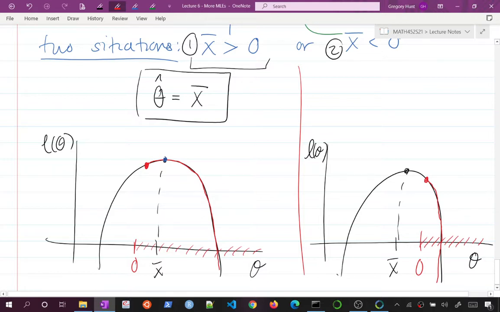So indeed, the maximum over this red portion, since the red portion no longer includes that global maximum at x bar, is going to be whatever the starting point is here, which corresponds to 0. And for this reason, theta hat, in my second case, is 0.